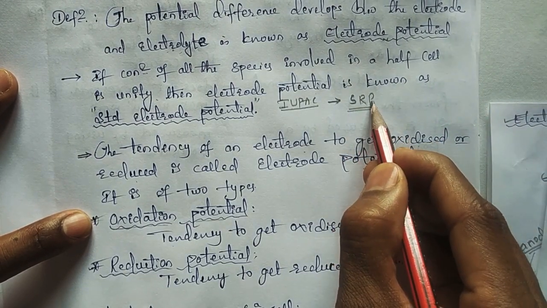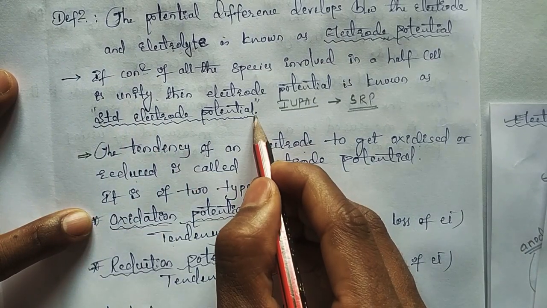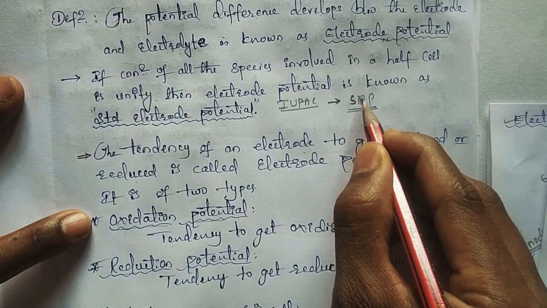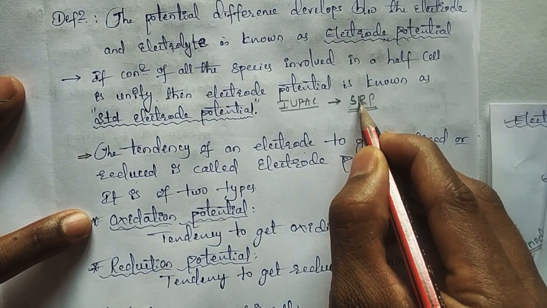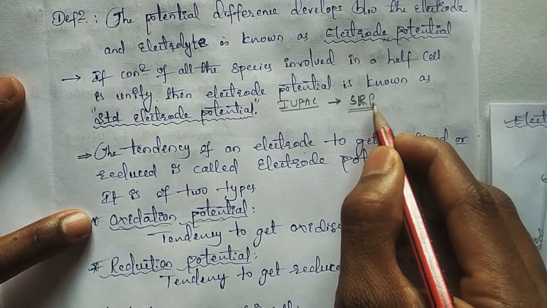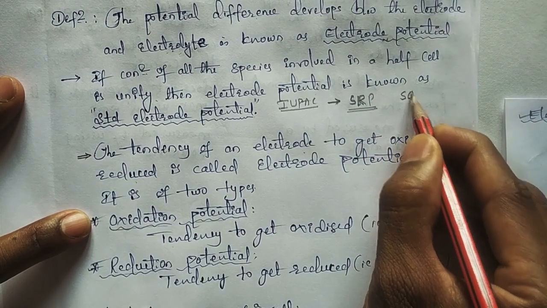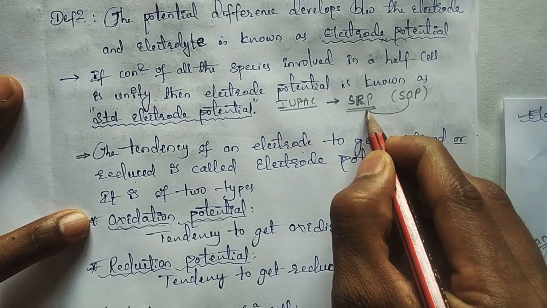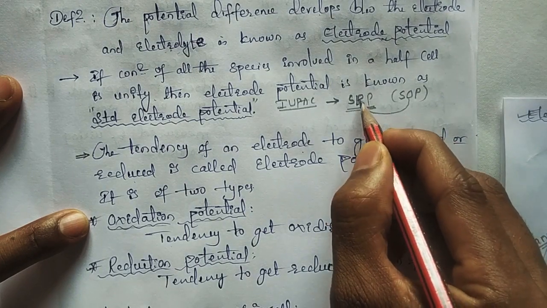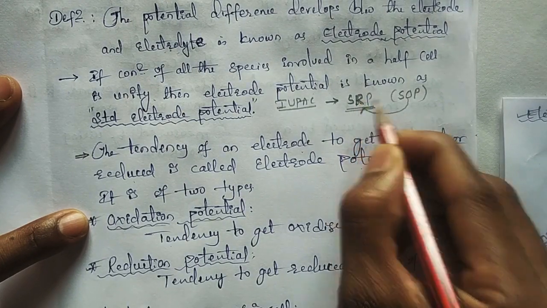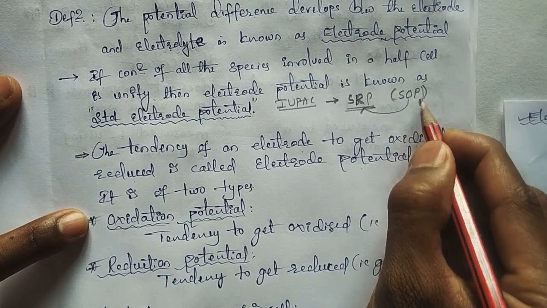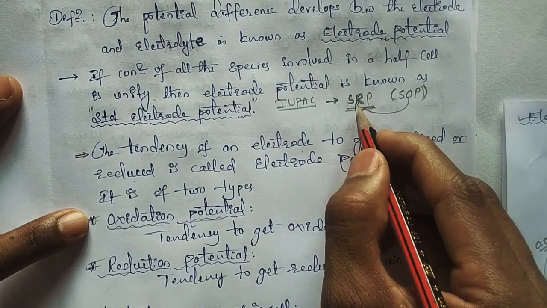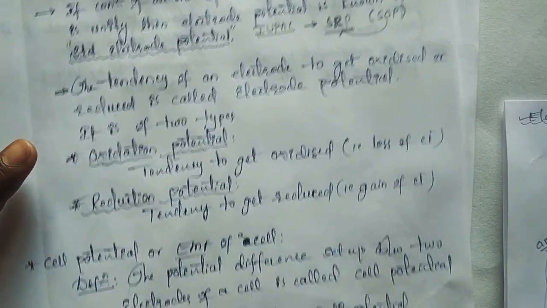Standard reduction potential को ही standard electrode potentials बोल रहे हम now. That means suppose an electrode has a tendency to undergo oxidation, that is SOP, standard oxidation potential. इसको भी हम SRP में ही represent करते हैं by using standard reduction potential by changing its sign. अगर ये पॉजिटिव है तो उसको नेगेटिव कन्वर्ट करके रिडक्शन पोटेंशियल में बोले. This SRP is nothing but standard electrode potential.